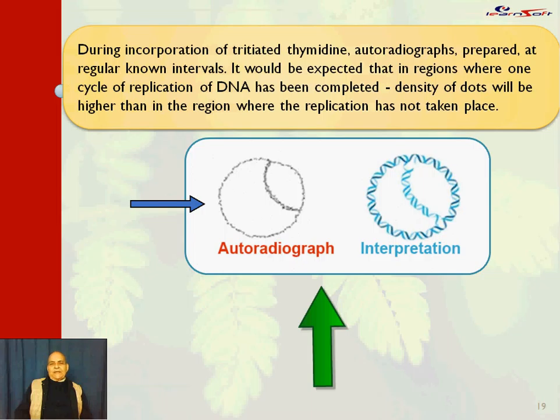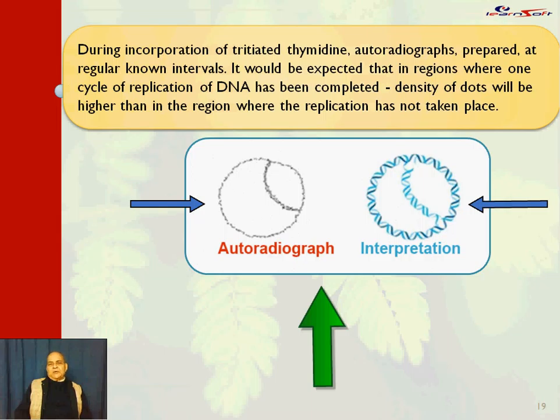You will see the density of dots is more as compared to where the replication has not taken place, and the other diagram is to show you the interpretation. Wherever you have two colors, it means the replication has taken place, and where you don't have the two colors, the replication is not complete.